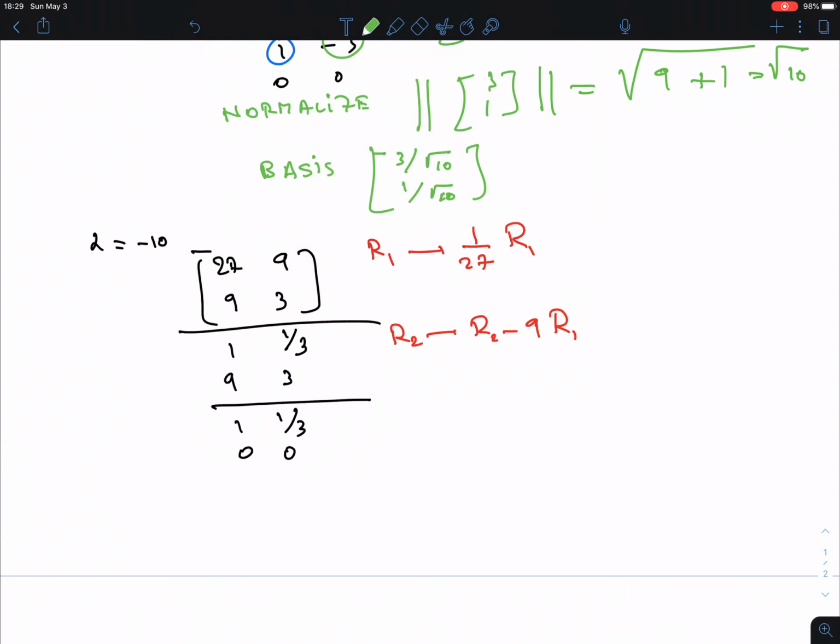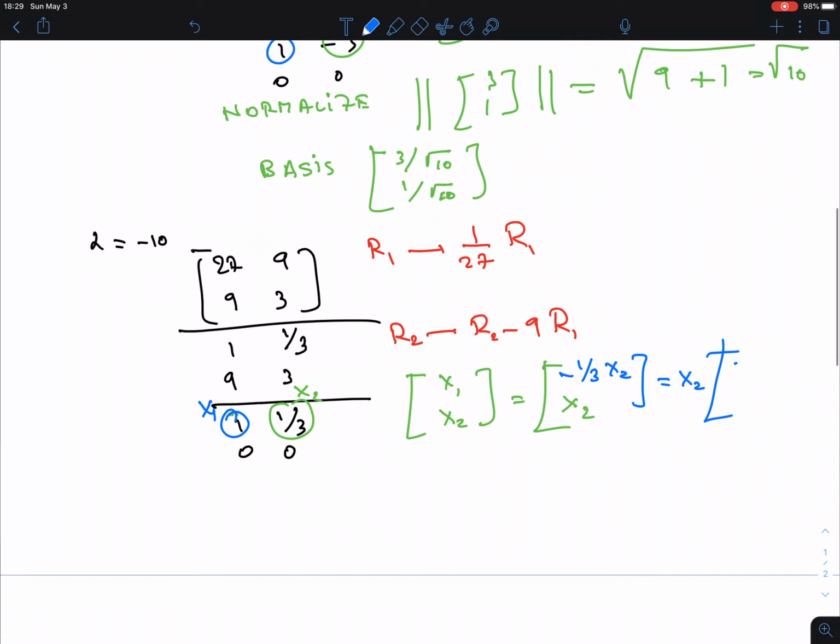So this is my free variable x2, x1 is a pivot variable. So x2 is equal to itself, and x1 is equal to minus 1/3 x2. So our basis vector that we have now is minus 1/3, 1.